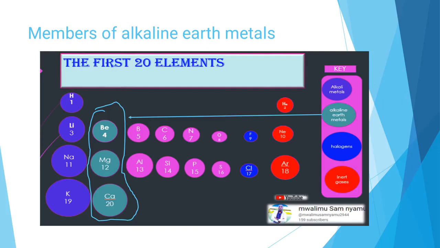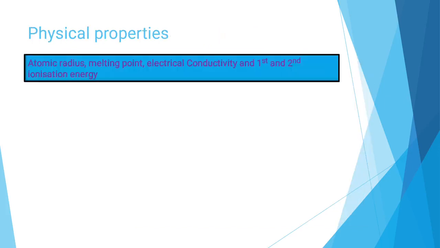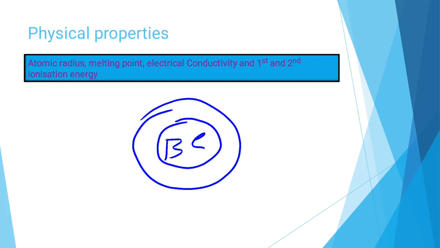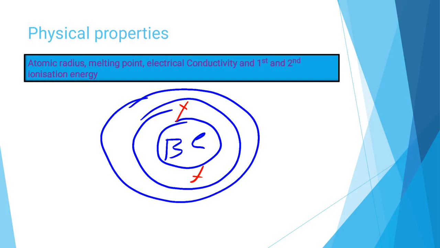You know that the atomic number of barium is 4. What does that mean? If we were to draw the barium atom, the structure of the atom, with 4 as the atomic number, we will have the first energy level having only 2 electrons, and then the second energy level will also have 2 electrons to make up the 4 electrons.